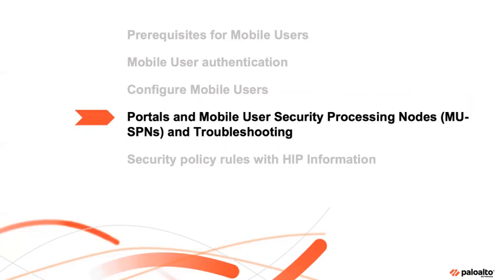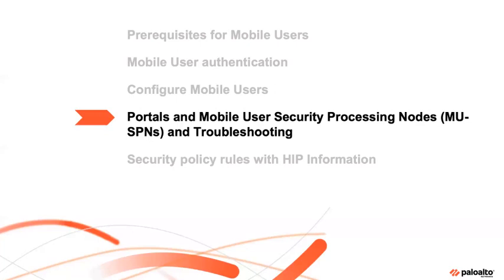This is where we are inspecting things using PanOS for security policy rules for allows and denies, for content inspection and threat protection, and we can do decryption, we can do WildFire, we can do all those things that you are used to doing with a firewall, we can do with these security processing nodes.